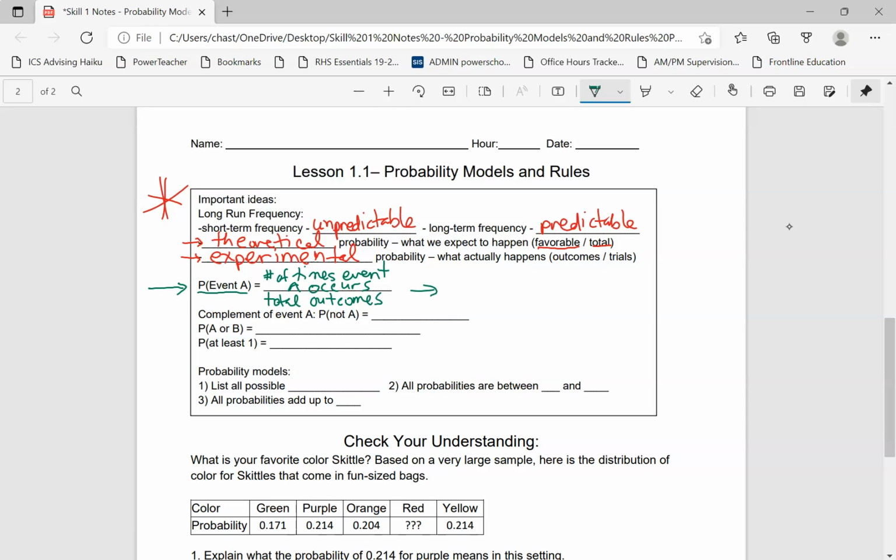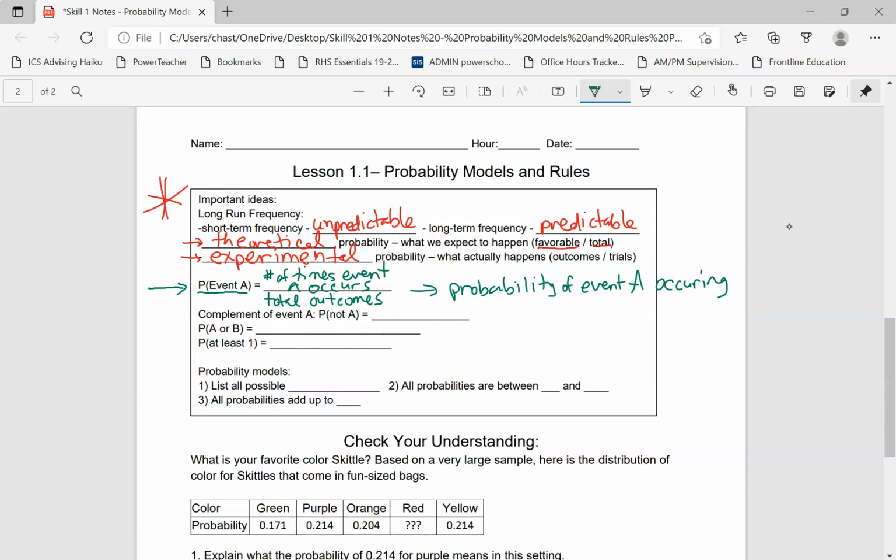Okay, so this means probability of event A occurring. You should already know this idea.